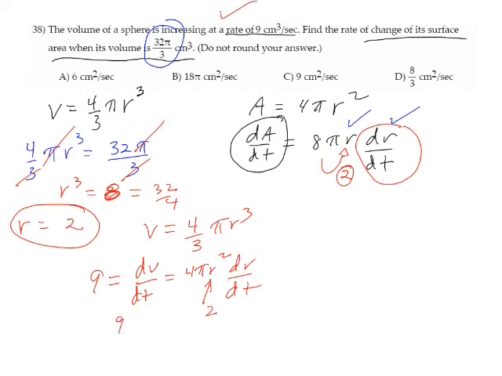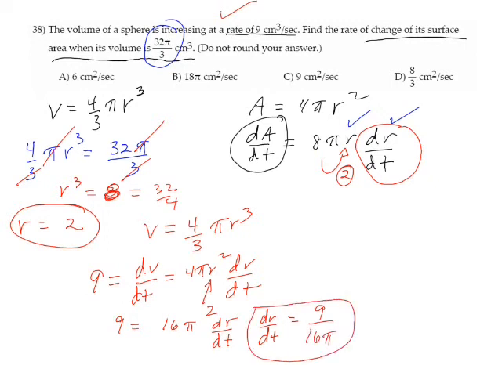So we get 9 is equal to 16 pi dr/dt. So dr/dt is equal to 9 over 16 pi. That's solving this equation for dr/dt.